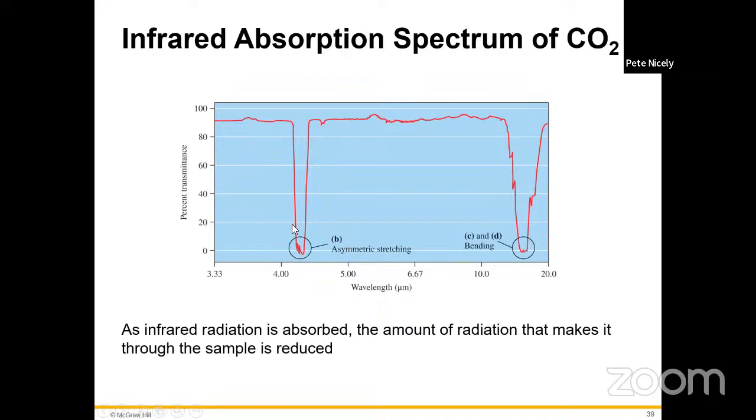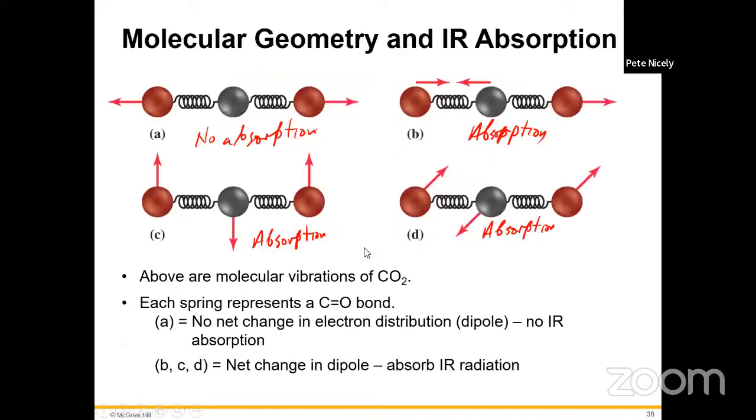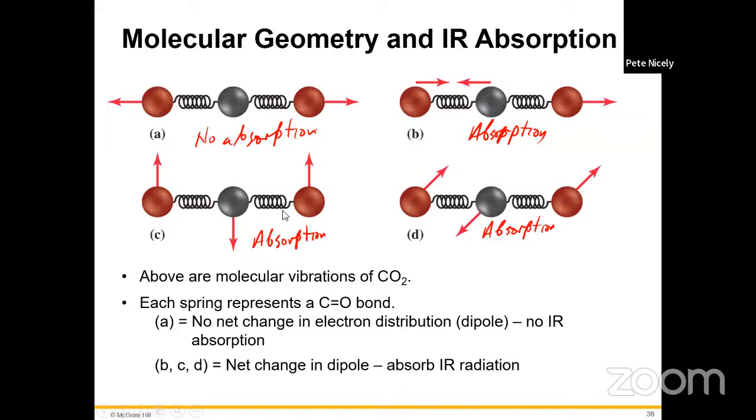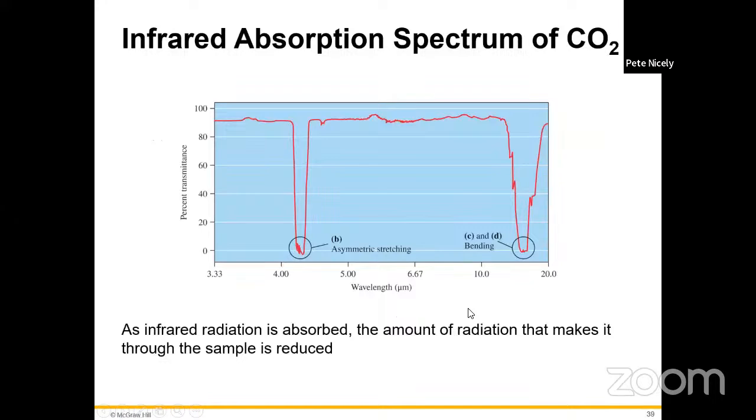In this case here, you have the absorption peak here, which is related to asymmetric stretching, going back to this here, which would be this right here. And then in this case here, this is talking about bending, which is related to this one here and this one right here, all right? So that's what happens in the case of carbon dioxide.